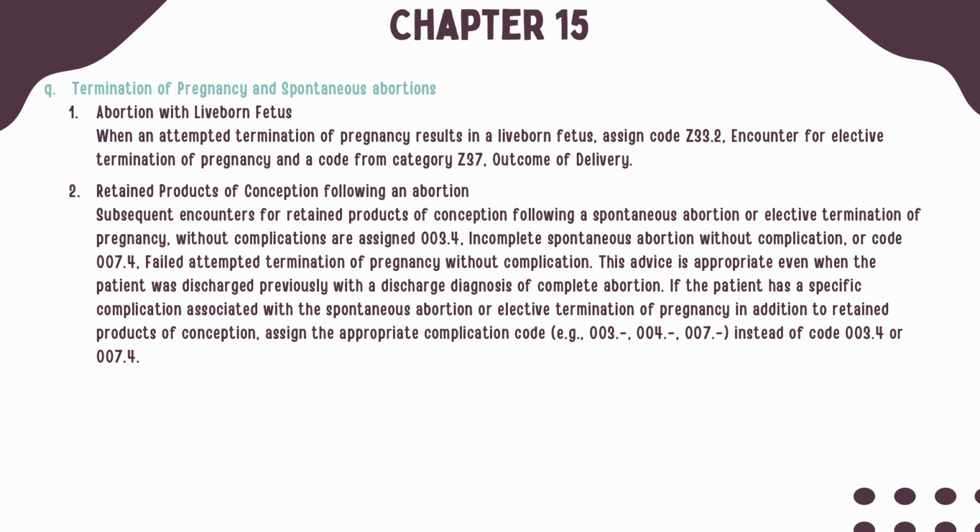If the patient has a specific complication that is associated with the spontaneous abortion or the elective termination of a pregnancy, in addition to the retained products of conception, the appropriate complication code should be assigned, such as a code from category O03, O04, and O07, instead of O03.4 or O07.4.